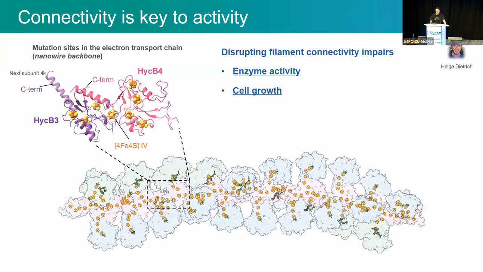And in every single case, we saw the enzyme activity was drastically reduced. These mutants would grow much slower than the wild type bacteria. And so filament formation seems to be very important for the activity of this enzyme, which is the most efficient molecule that can do this reaction.